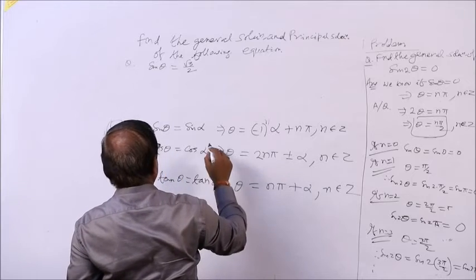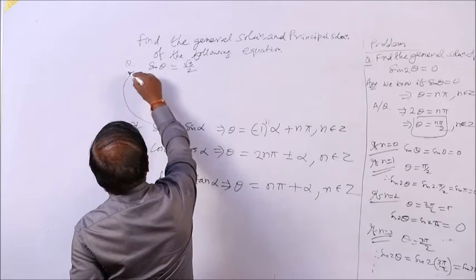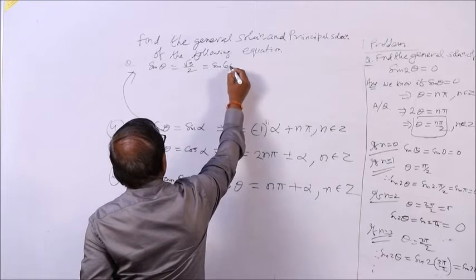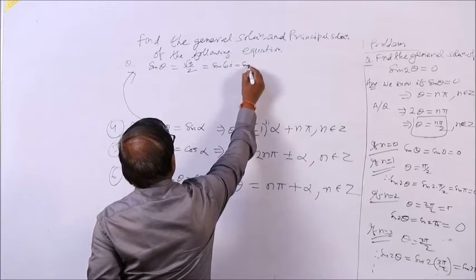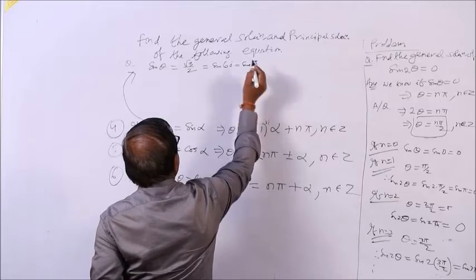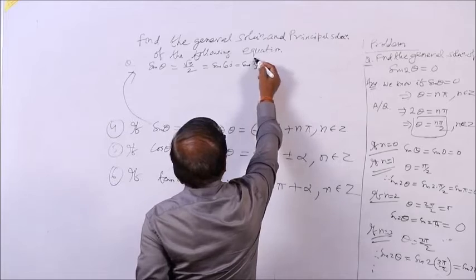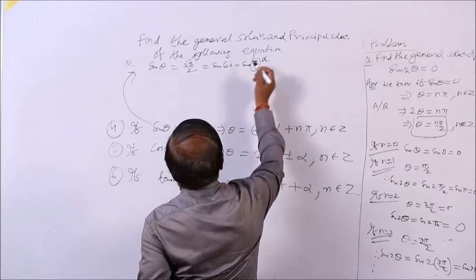You come to this formula here. Sin theta is root 3 by 2. What is that? Sin 60 degrees, that is sin pi by 3. So what is alpha here? This is alpha, in this formula.